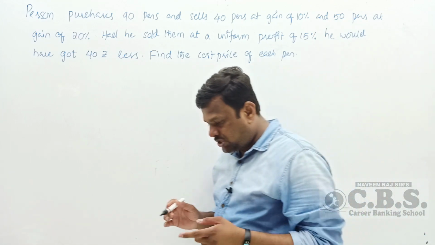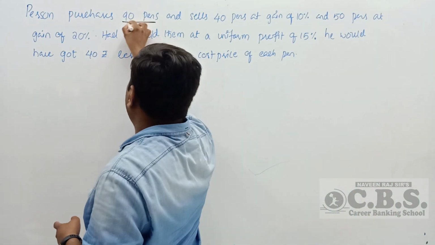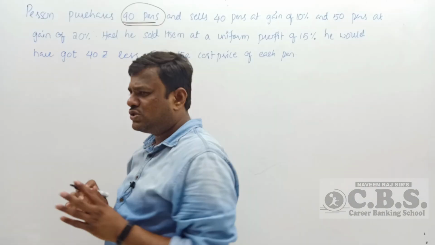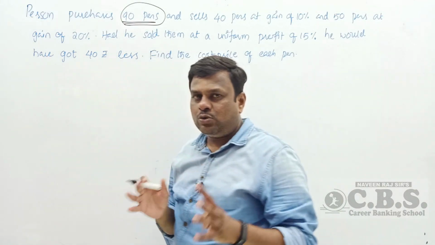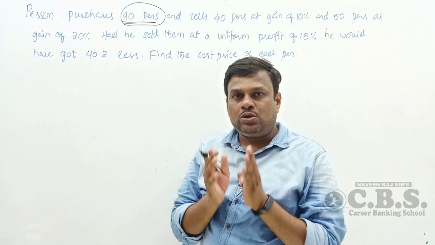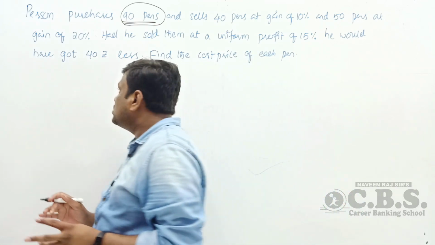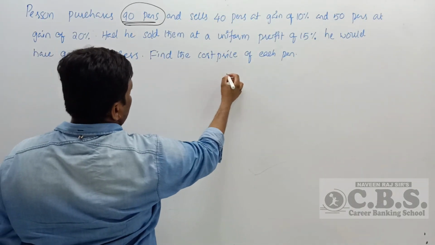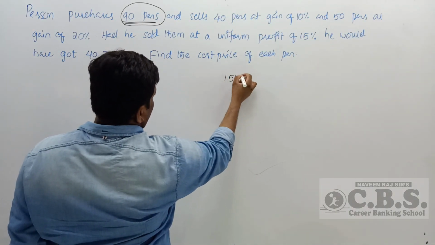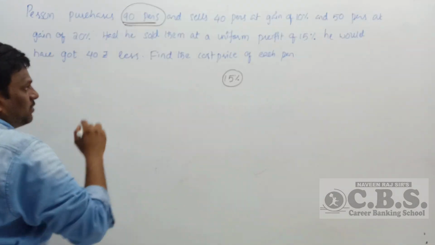So here in the question, he mentioned the number of pens. You just forget about whatever is given in the question. The number of pens is given, a group of articles is given, so directly the cost price is the same. Later he mentioned the overall uniform profit percentage, how much? 15% is the overall uniform profit percentage.